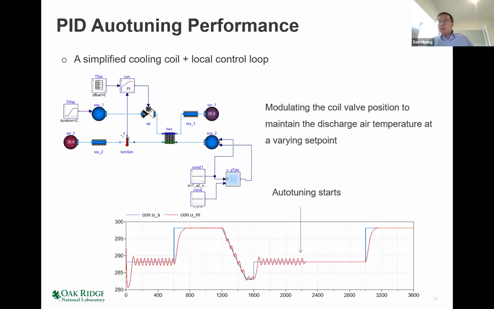Then you can ask the PID to begin tuning in the very early morning. The good thing is that the PID supports multiple tuning signals, so you can tune every day, at the beginning of each day's operation. For example, you can tune the model at 8 a.m. before the occupied period begins.